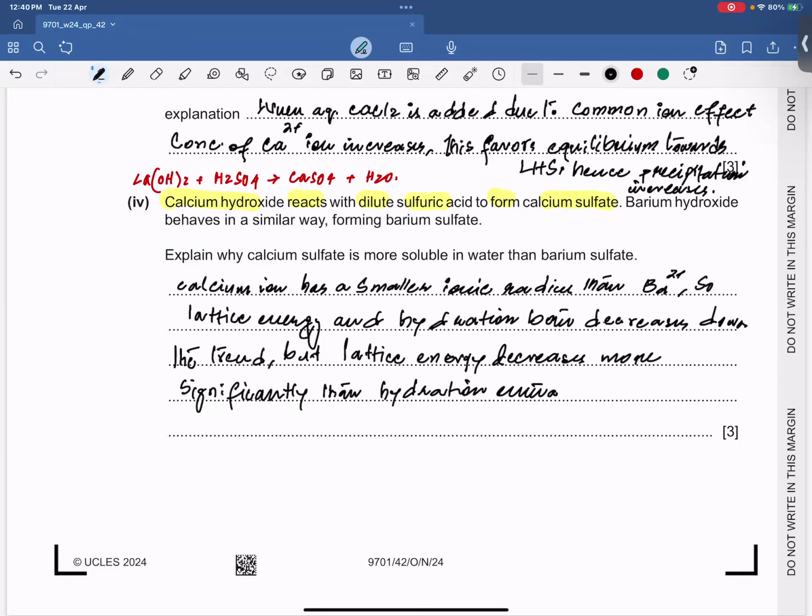No. It's sulfate. My bad. Hold on. But hydration energy decreases more significantly than lattice energy.